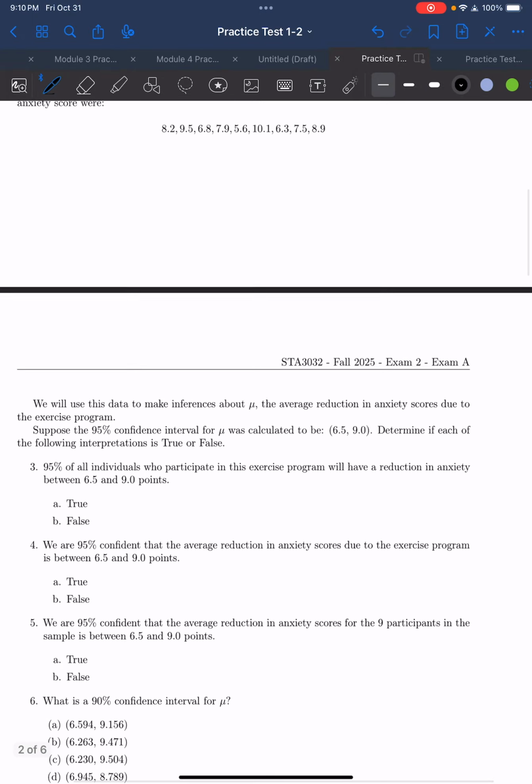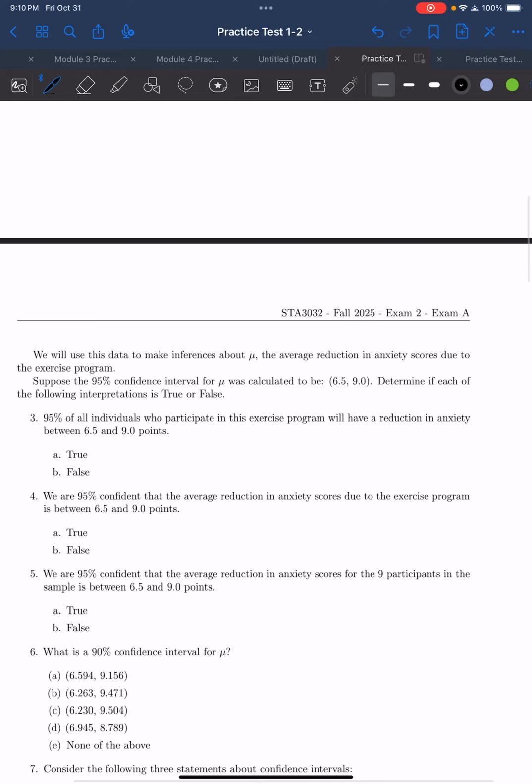Our first interpretation says 95% of all individuals who participate in this exercise program will have a reduction of anxiety between 6.5 and 9.0 points. So this is false. Our confidence interval doesn't say that 95% of our participants will have this.